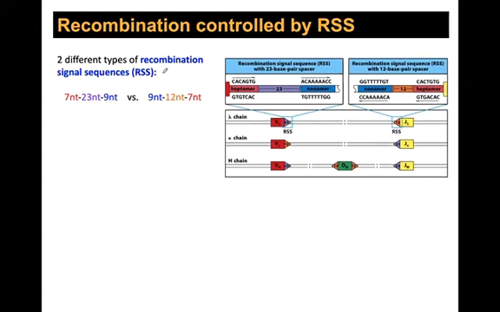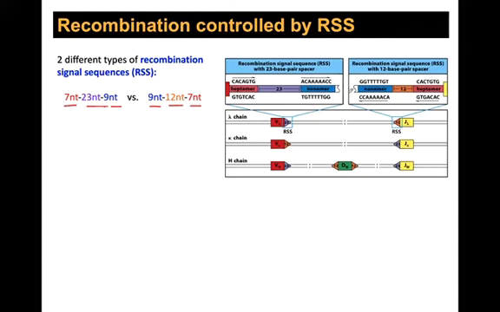And these are just stretches of DNA, but they have a particular structure, and there's two different kinds. One is the 7 nucleotide, spacer, and 9 nucleotide segment, in which the spacer is 23 nucleotides. The other version is a 9 nucleotide, 12 nucleotide spacer, and 7 nucleotide.